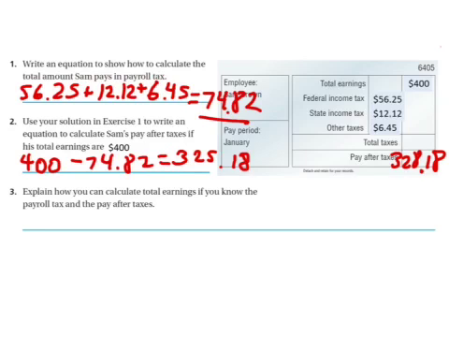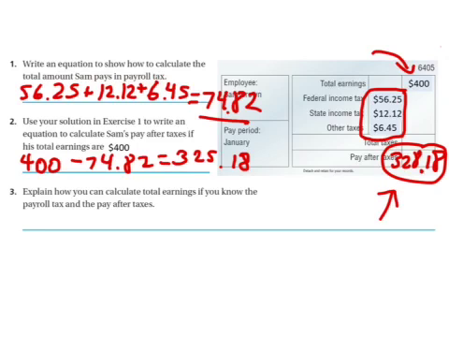And they're saying, if you know the pay after taxes and you know what the taxes are, how can you figure this out? Well, the way you would do it is you would add your net income, which is what you get after taxes, with the taxes, and then you'll get your money before taxes, which is up here. And so that's how you would do that.